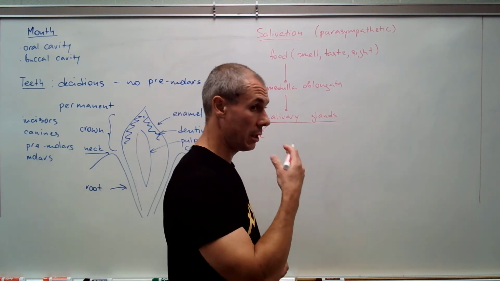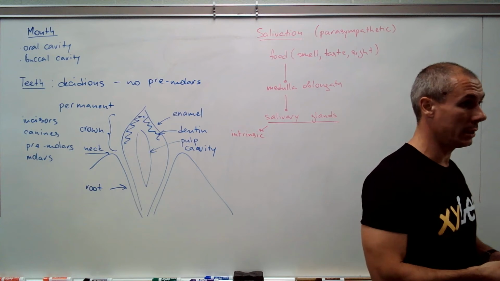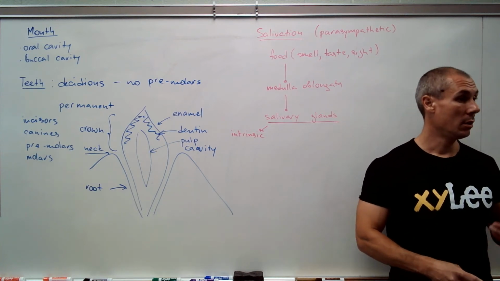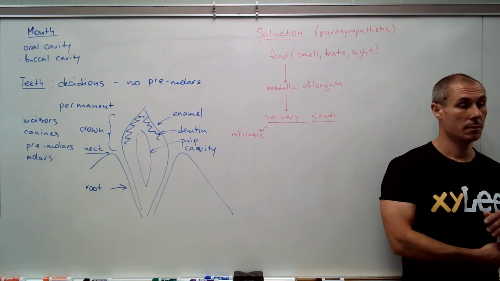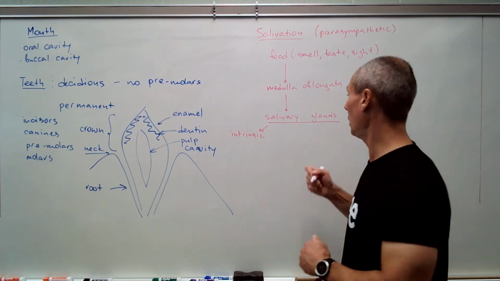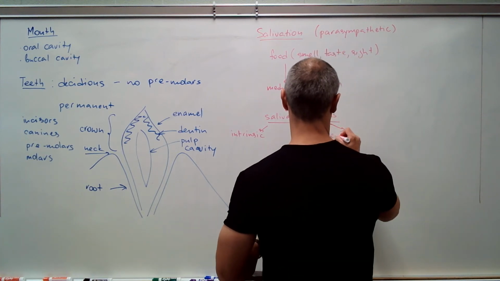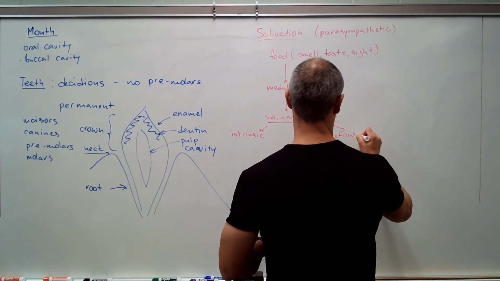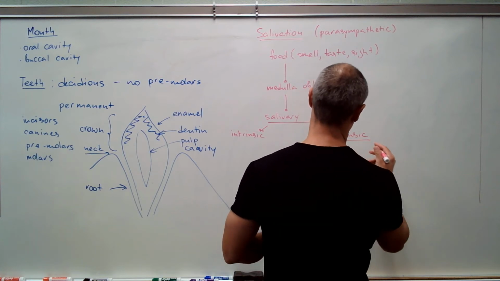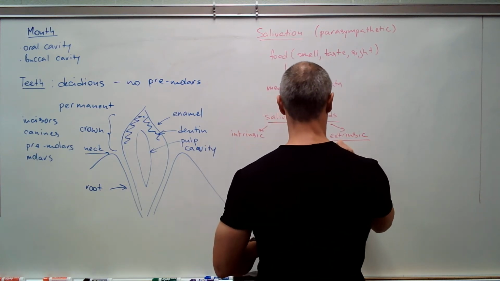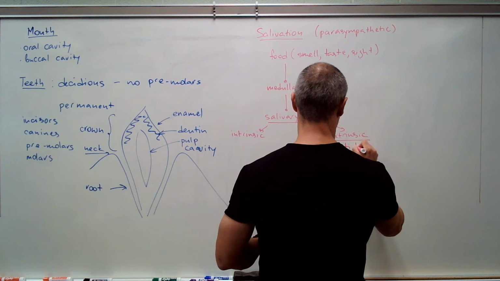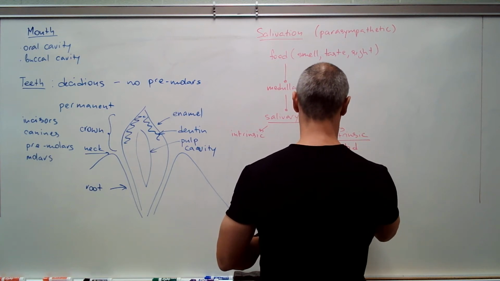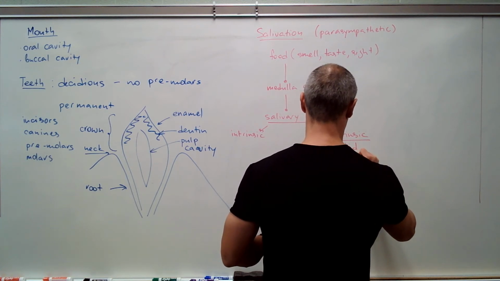They are located everywhere in the mouth, basically, like cheeks, lips, and they can be extrinsic. So I have three of them. Largest parotid, submandibular, and sublingual.